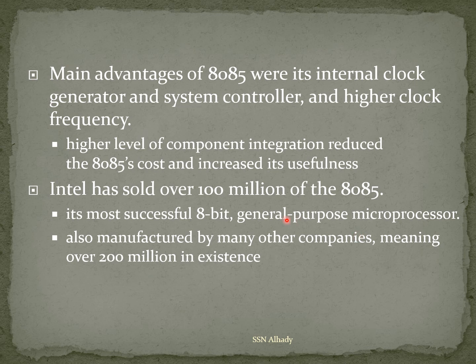Okay, that's why I mentioned even until the past 3 years, we also used the 8085 in the lab. Intel claimed that it sold over 100 million of the 8085. It is considered the most successful 8-bit general purpose microprocessor, and it was also manufactured by many other companies, who were given the right to use the same architecture to manufacture it.